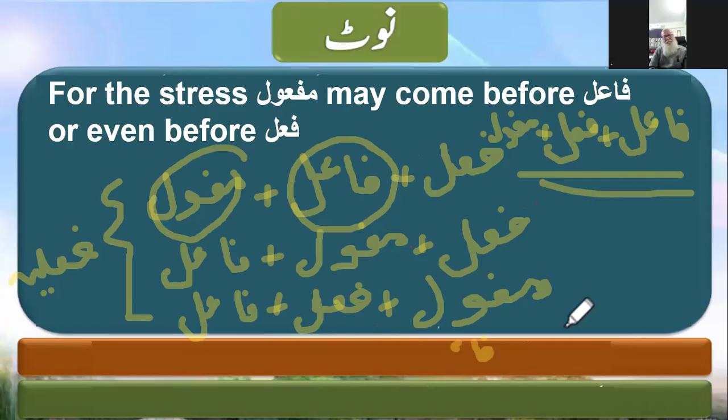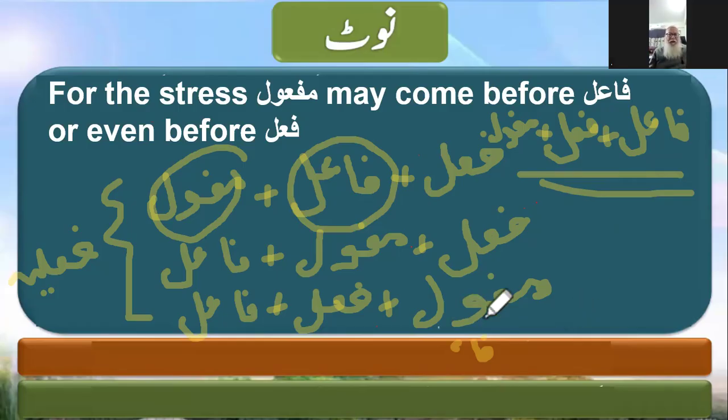Because it's marfu'. Very good. Excellent. Ten out of ten. Fa'il is always marfu'. What about maf'ul? Maf'ul is always mansub. So when it's mansub, it can't be the mubtada.